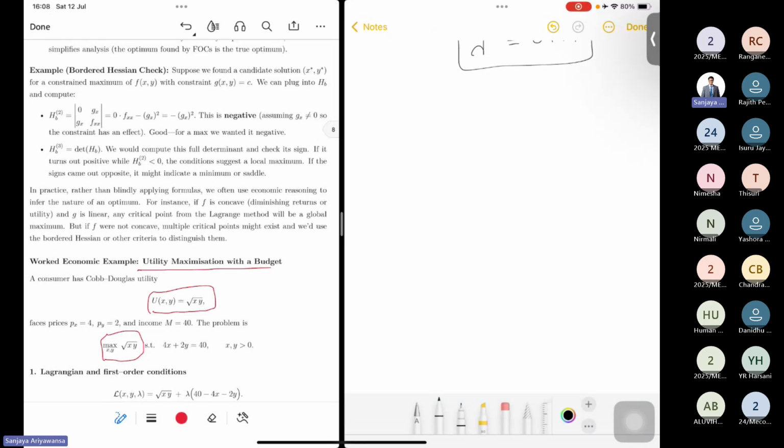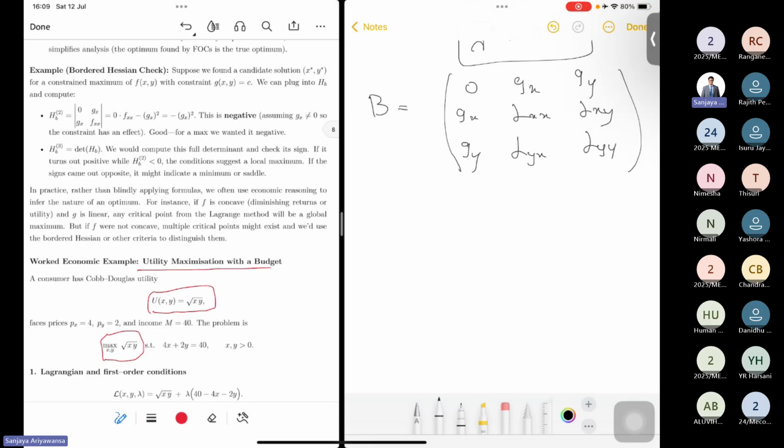This is where I need to write down my bordered Hessian matrix: 0, gx, gy, Lxx, Lxy, Lyx, Lyy. So how many components do I have here? 4, 5, 6, 7, 8 components that I need to figure out.